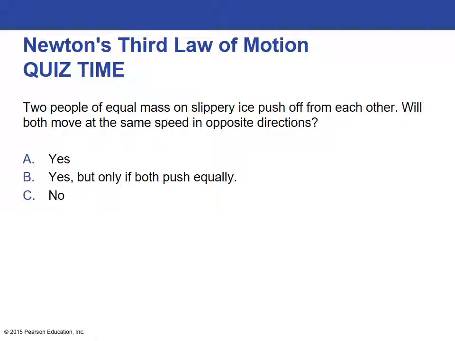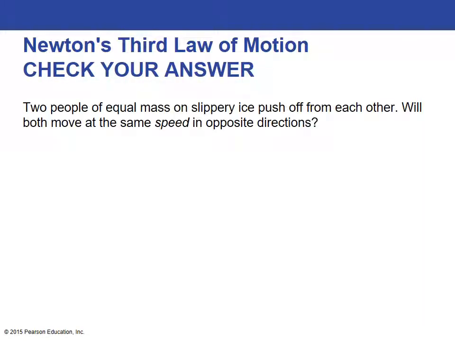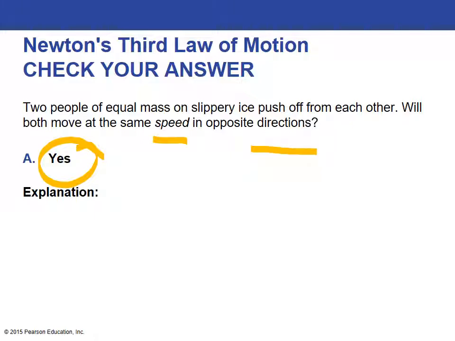Or will we not be that way unless there's some acceleration occurring? Right, we are ice skating, we push off from each other. We, in fact, do move at the same speed in opposite directions.